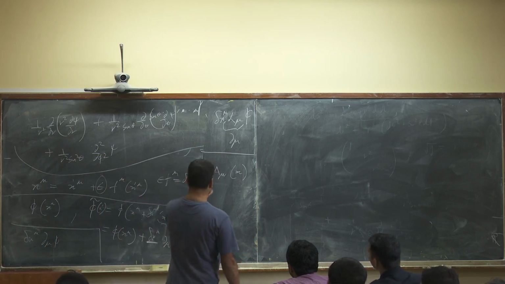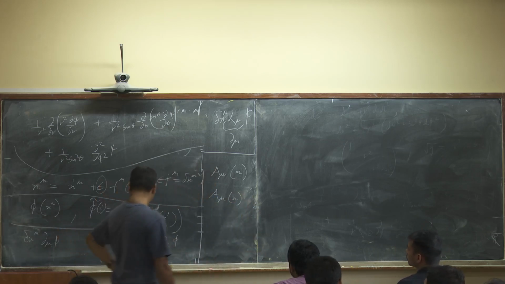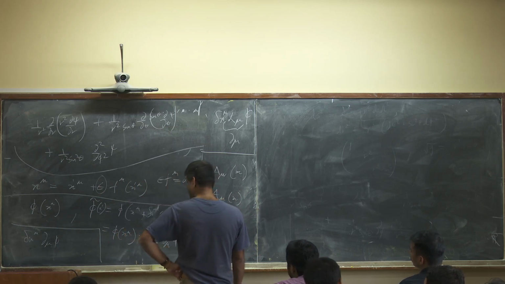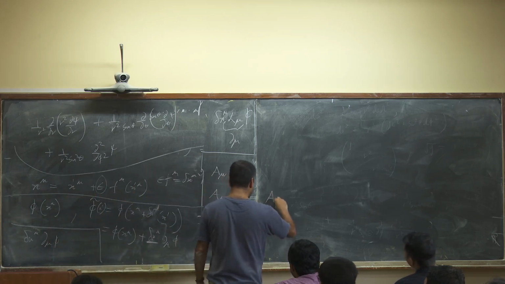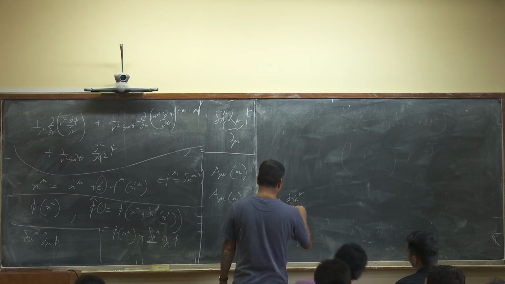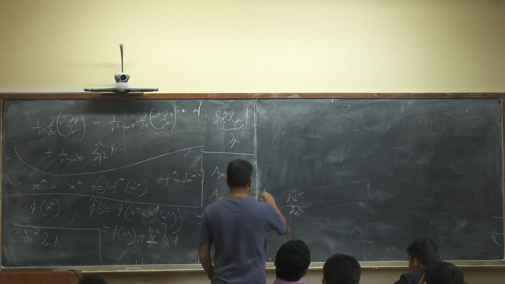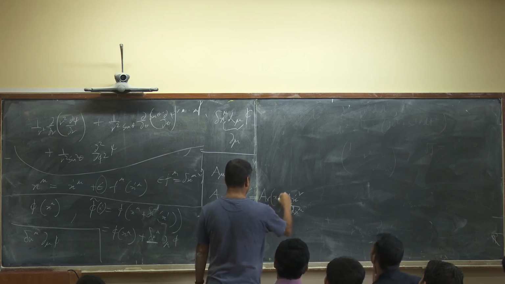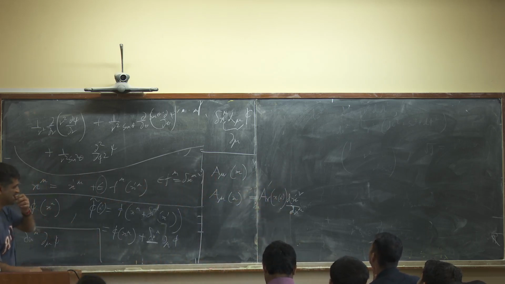We know that a mu of x is equal to a nu times del x prime nu by del x mu, except that a nu, and now we'll be careful, is a function of x prime, and this is a nu prime. Is this clear?